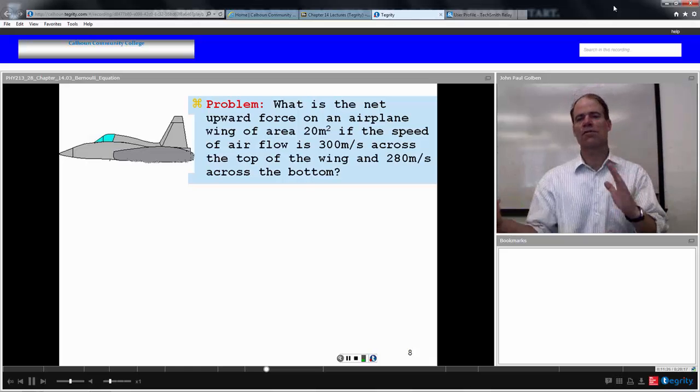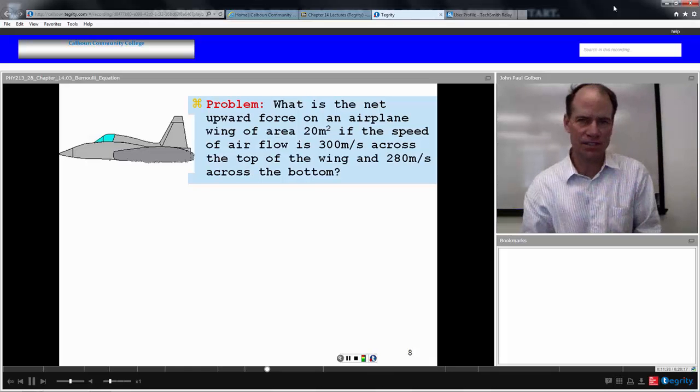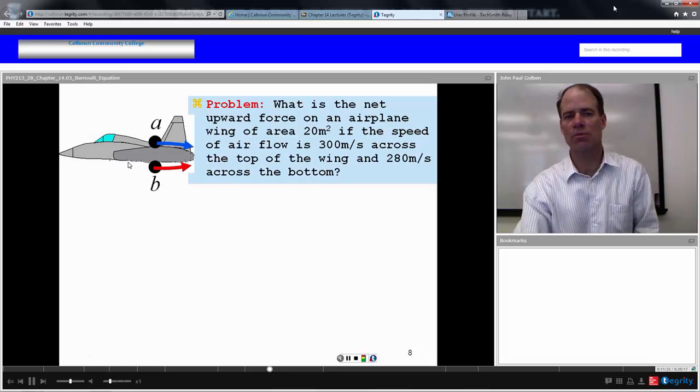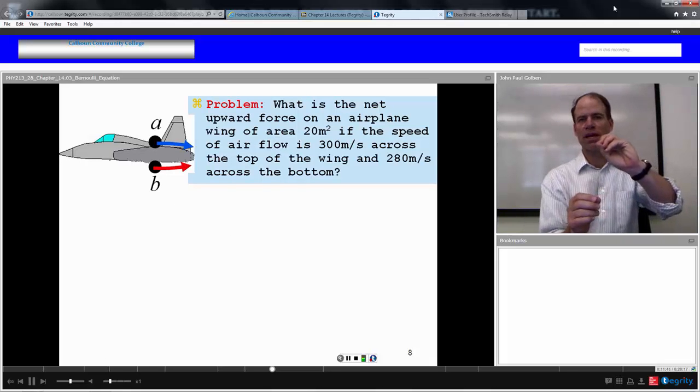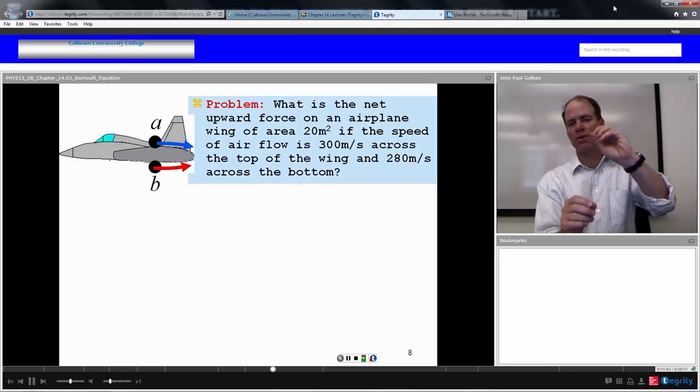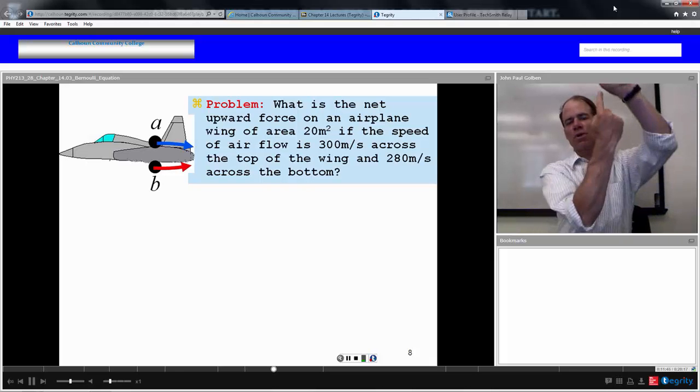So when the flow of the air is faster, the absolute pressure is lower. And hence, across the top of the wing where the air's flow is faster at point A, that's going to be a lower pressure than the point B, and there will be a pressure difference between A and B pushing this wing upward like this.